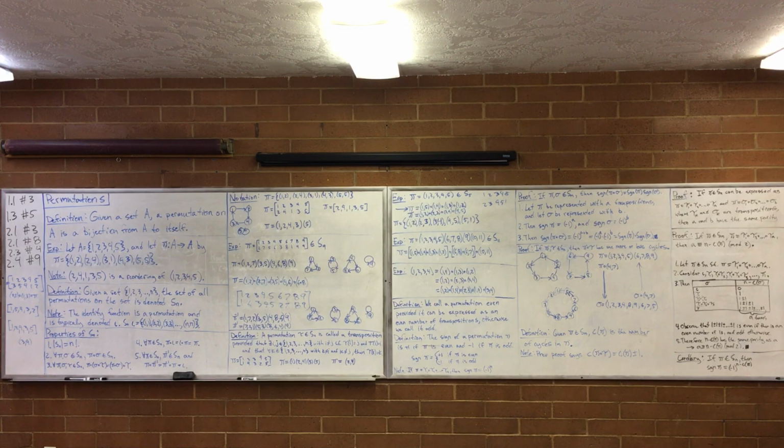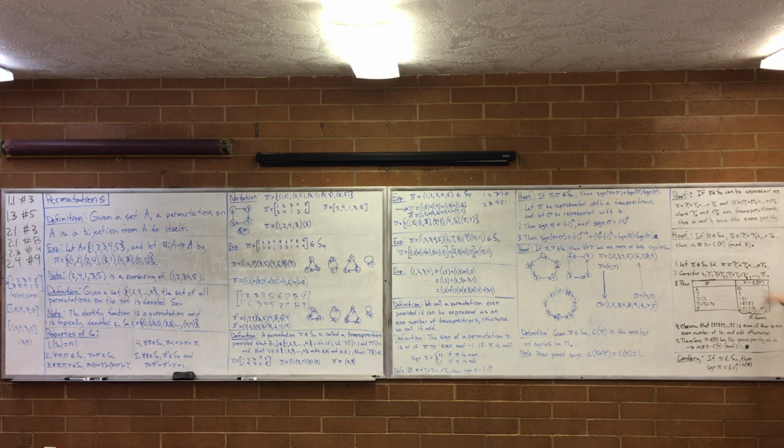Now, here's the proof I skipped earlier in the book. Here's a restating of it, logically equivalent information, so let's make sure it makes sense. Start with what we skipped. So now, if pi is a permutation that can be expressed as tau 1 composed with tau 2 composed with all the way up to tau a, and it can also be expressed as sigma 1 composed with sigma 2 composed with all the way up to sigma b, where these are all transpositions and these are all transpositions, then a and b have the same parity.